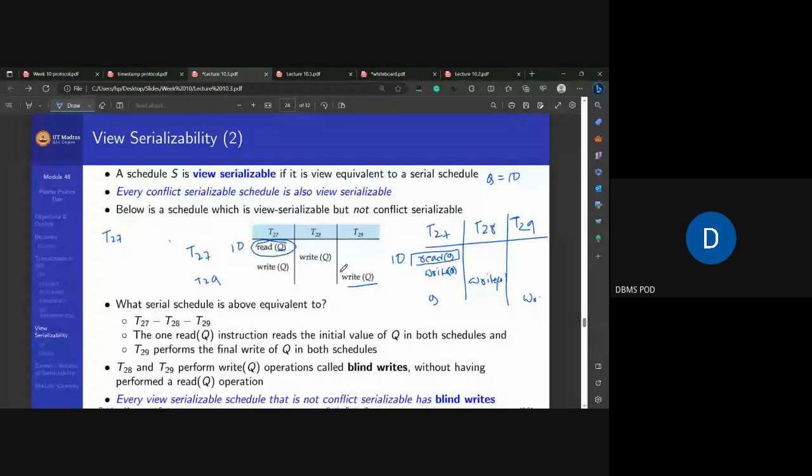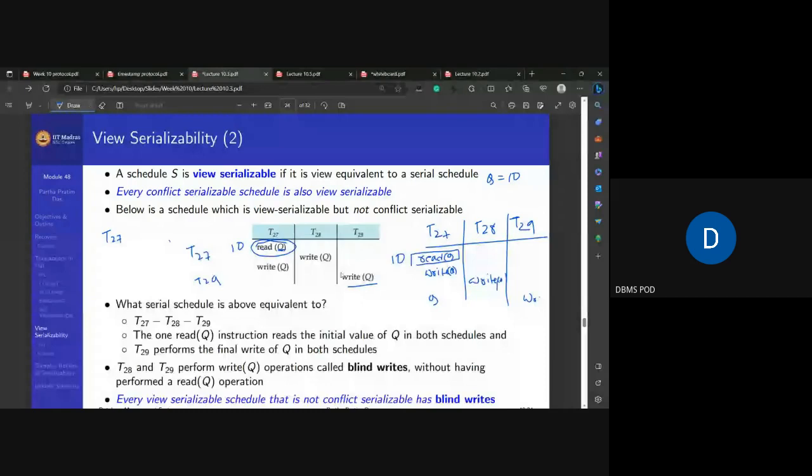Because T29 is at the last, it just overwrites whatever T27 or T28 has done. So it hardly matters if T28 is performed before T27, as long as T29 is performed finally.